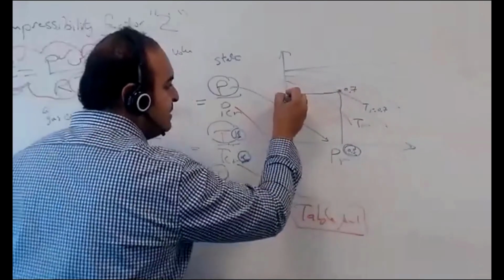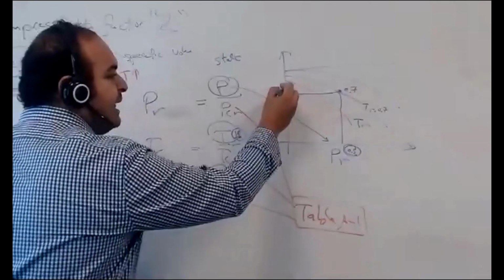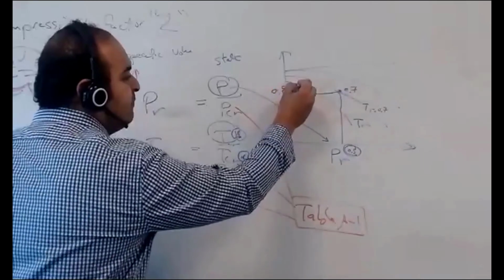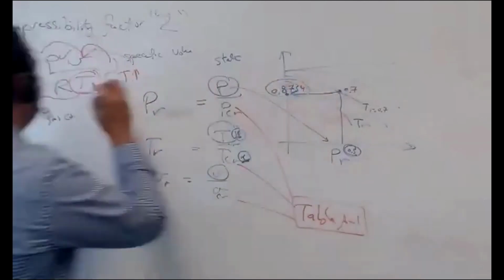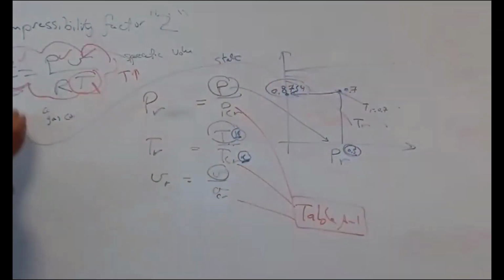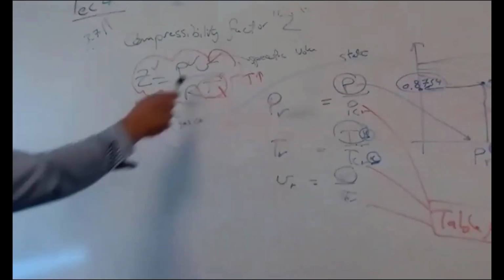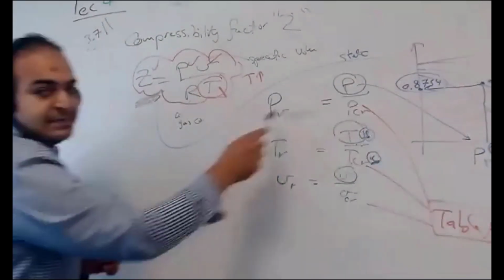So you can get this value, which is 0.8754. You can get a value of Z. You can know exactly how far you are from the ideal gas law. This Z, 0.87, is Z.